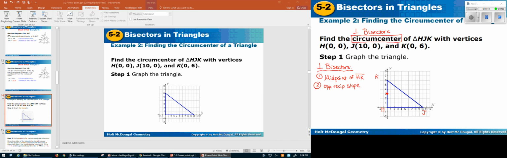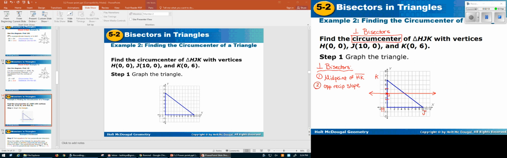Again, this will be easy if it's a vertical or horizontal line, because a perpendicular line to a vertical line will be horizontal, or a perpendicular line to a horizontal line will be vertical. So in our case on HK, the line that would be perpendicular to our vertical line would be horizontal. So we can just draw this horizontal line, and that is our perpendicular bisector.